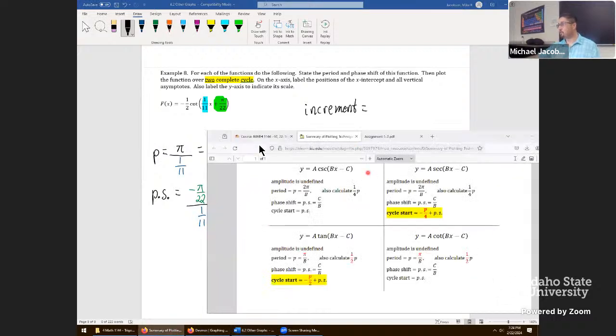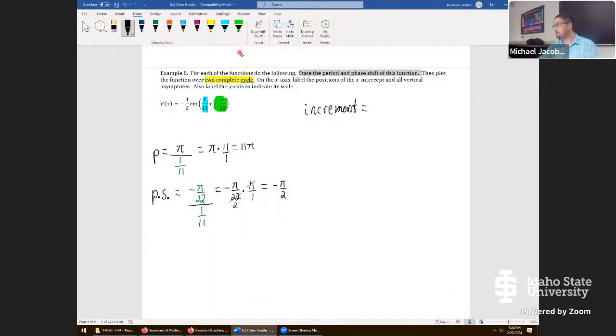Increment is, just another warning on this one, non-standard. This one is 1/2 pi, so that's why it's red here on the notes. And so this will turn into 1/2 times the period, and the period is 11 pi. So 11 pi goes here, and we get altogether 11 pi over 2.